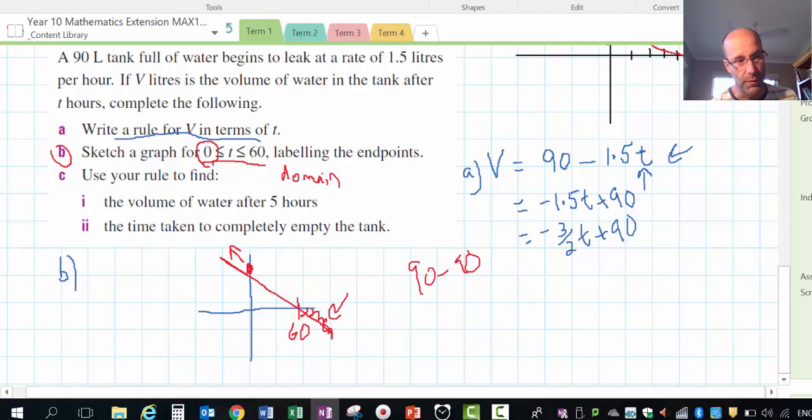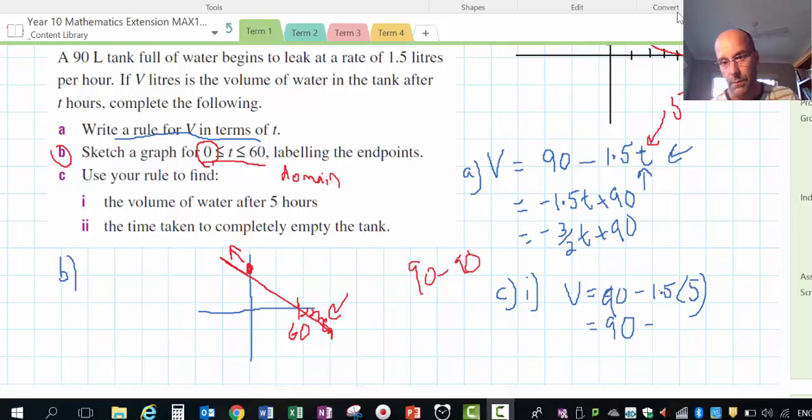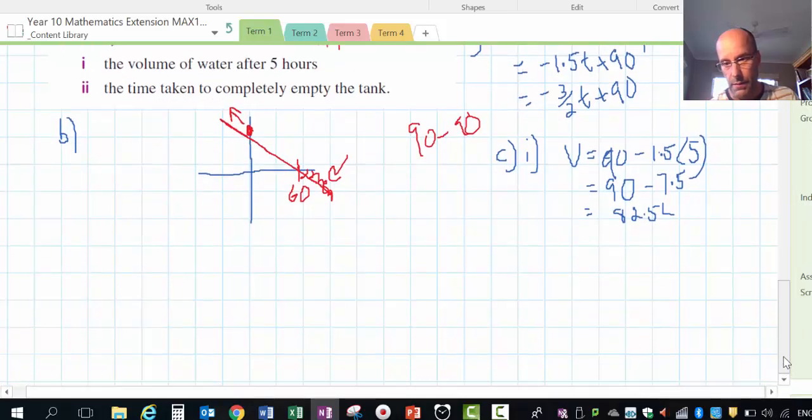And then you'd be able to use your rule to find the volume of the water after 5 hours. You'd sub in T equals 5 in there, and we can do that nice and quickly here. C part 1, we've got V equals 90 minus 1.5 times 5, which is 7.5, so 82.5 litres is left.